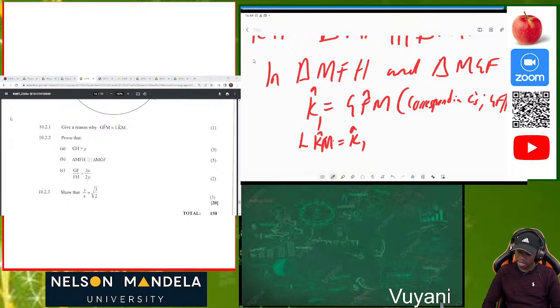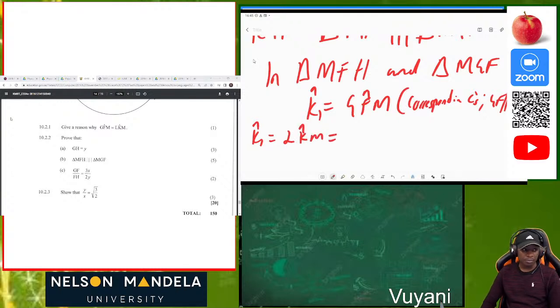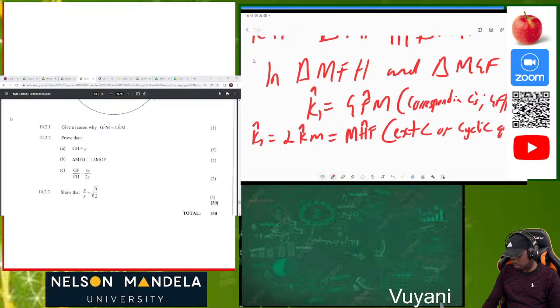Angle K1 is the same as LKM, which can also be equal to MHF. Why are they equal to each other? Because we can see that it is an exterior angle of a cyclic quad.